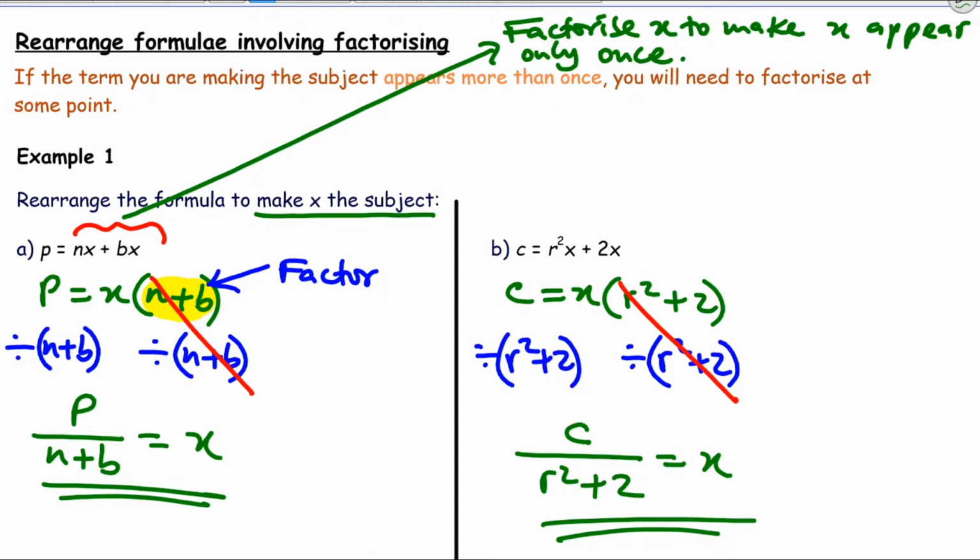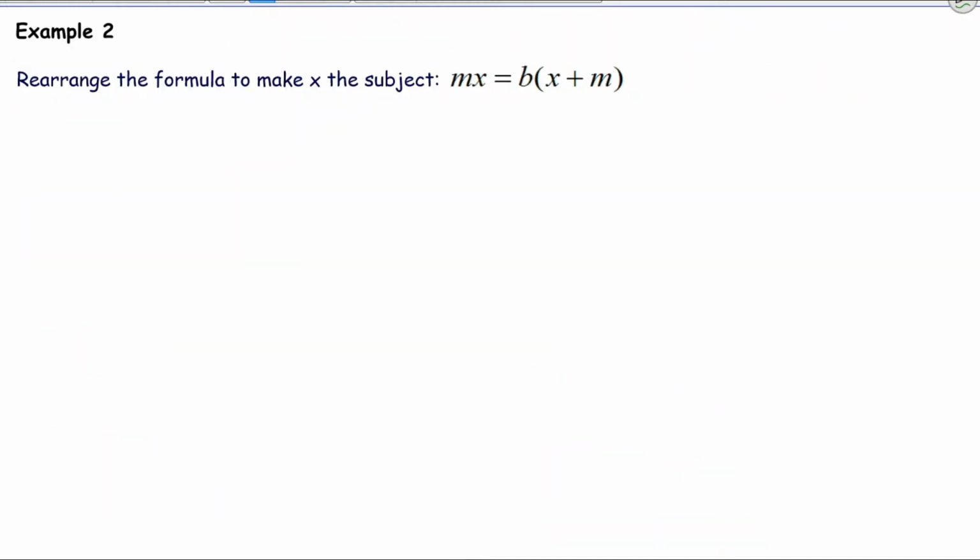Okay, let's carry on. Example 2, rearrange to make x the subject. Now, when you have brackets, the first thing that you want to do is to get rid of those brackets. So we can start by multiplying out these brackets. What we shall end up with is mx equal to bx plus bm.